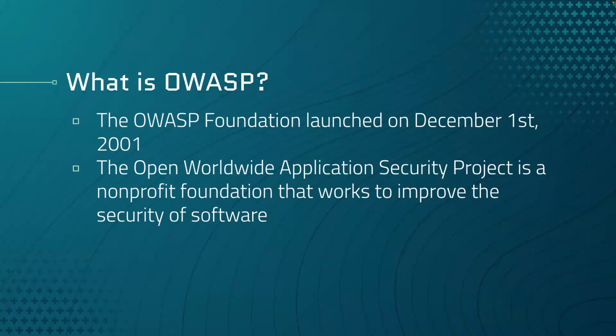OWASP is an actual foundation that was founded on the idea that we need to improve web security of software. So the whole point is to research and figure out what are the most common software vulnerabilities and to display them so people like us who are developing can look at these and be like, okay, that is something I shouldn't do.